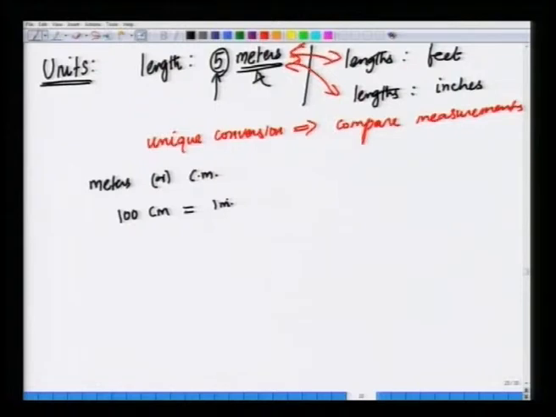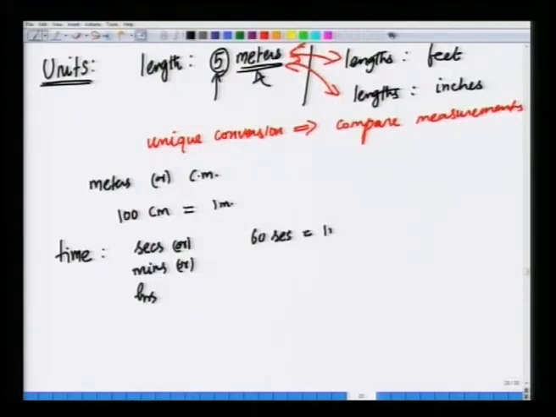Time can be measured in seconds, minutes or hours, with the unique conversion rule that 60 seconds is 1 minute, 60 minutes is 1 hour, and so on. Therefore, 3600 seconds is 1 hour.